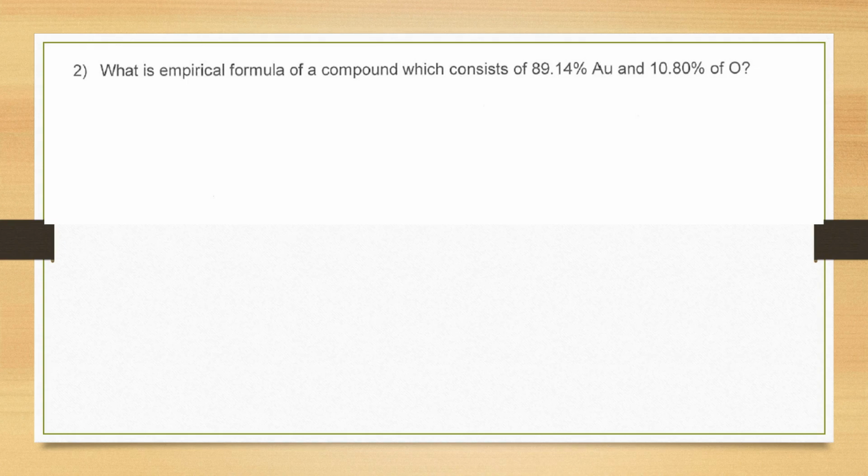On this one, it says, what is the empirical formula for a compound that consists of 89.14% gold and 10.8% oxygen? So for the most part, people were fine here. This is number 2 on the empirical molecular sheet, the one that was out of 10.